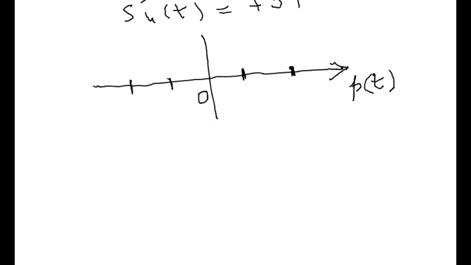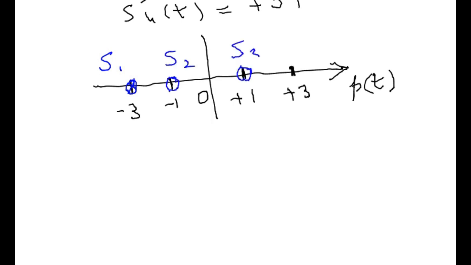You have plus 1, plus 3, minus 1, minus 3. Your first signal point is here, which is S1. The second signal point is S2, then S3, and S4. This is how you represent these pulse amplitude modulated signals in Euclidean space.